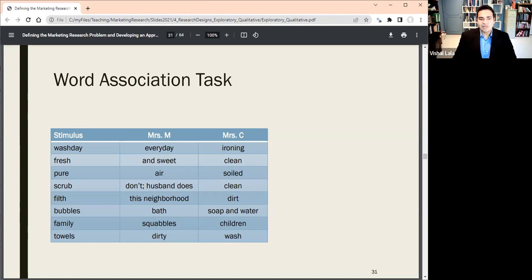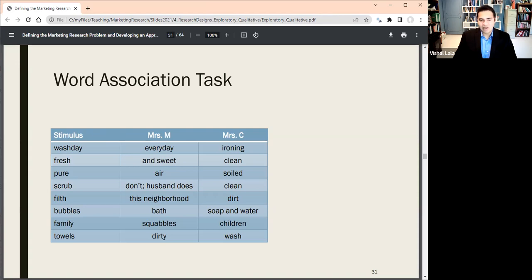By reviewing these different associations to the stimulus keywords, one can learn a lot about how Mrs. M and Mrs. C feel about washing clothes. They clearly have very different attitudes towards washing. Mrs. M, one would imagine, doesn't enjoy the process of doing laundry. For her, it's a chore she would rather not do.